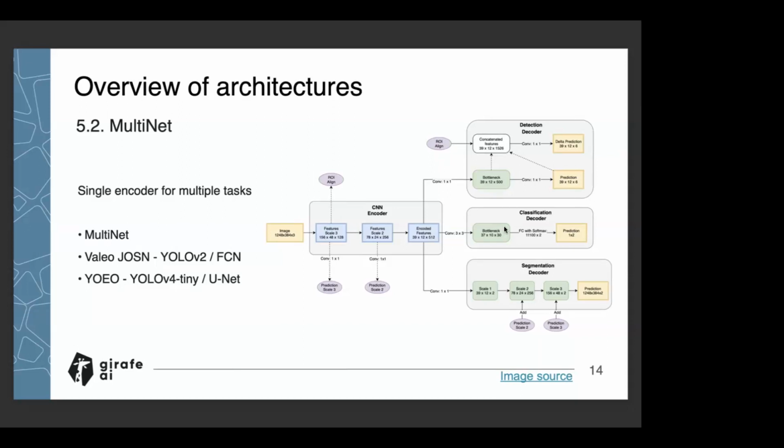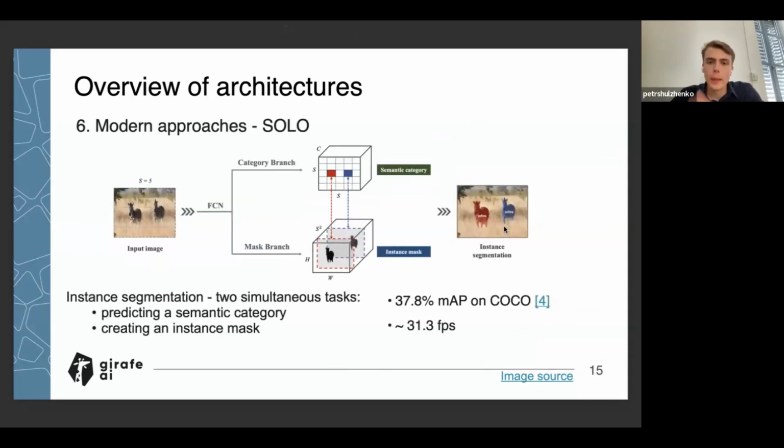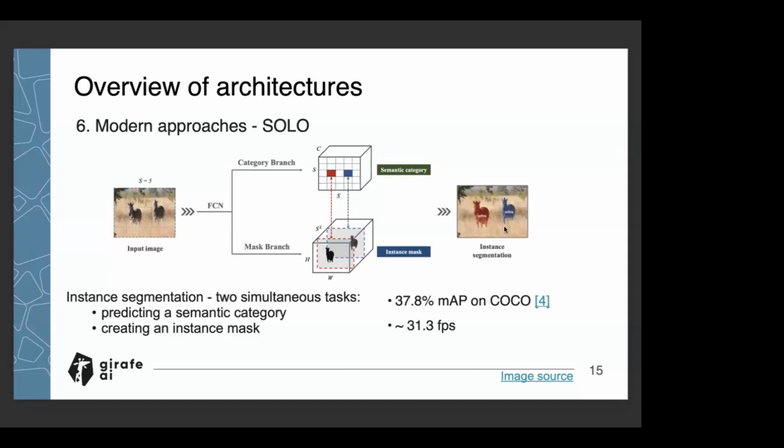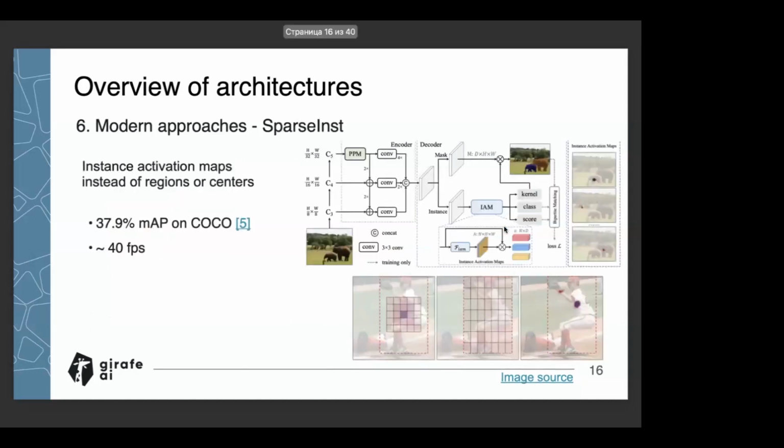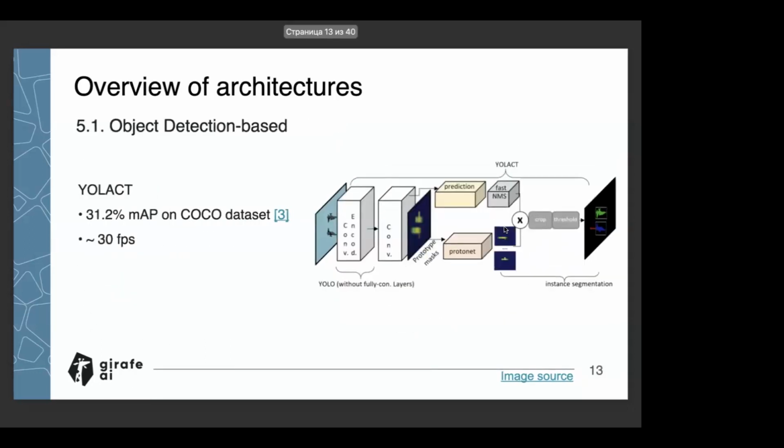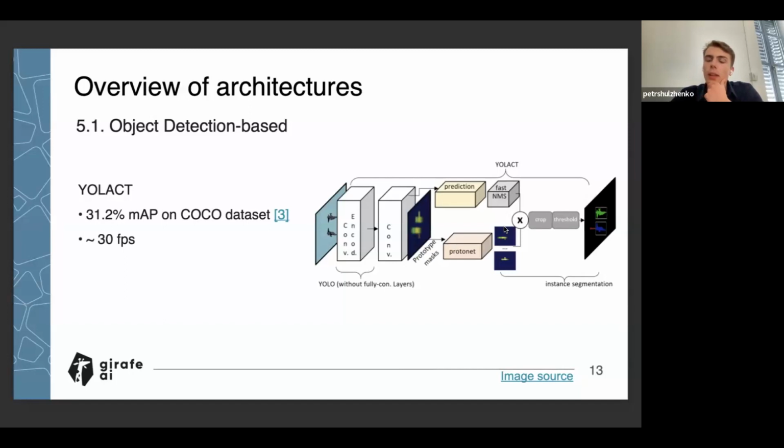Yes. Would you mind going to the next slide? Sorry, the other one, which was explaining the architecture, maybe it was slide 13 or 16. I'm not sure. Yeah, this. Okay.